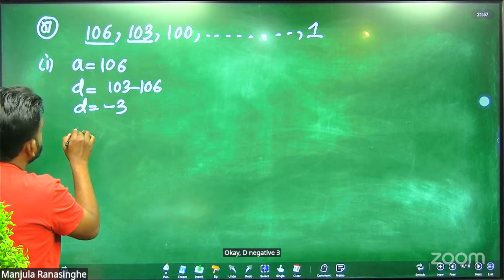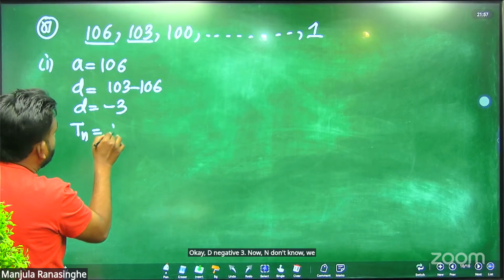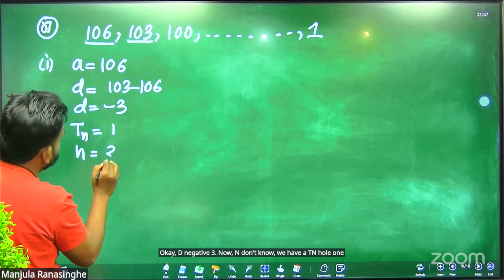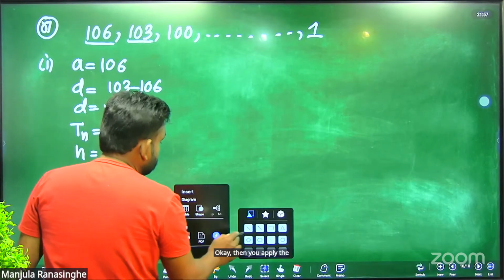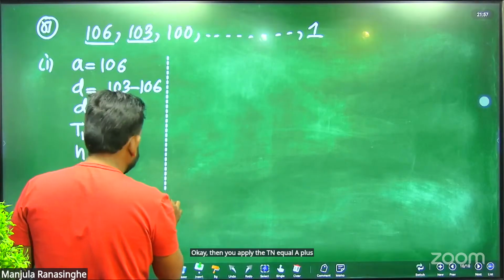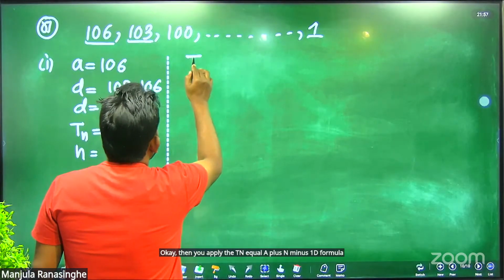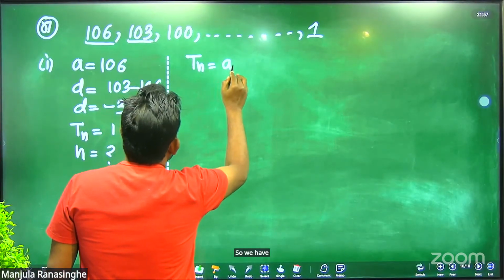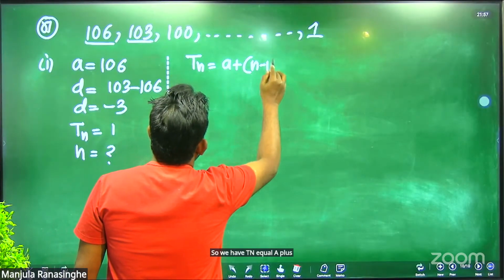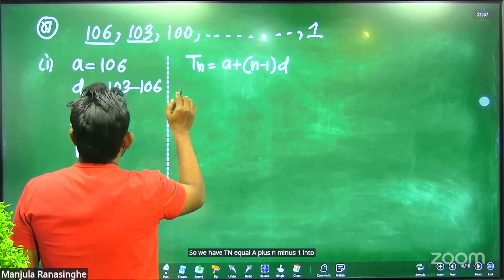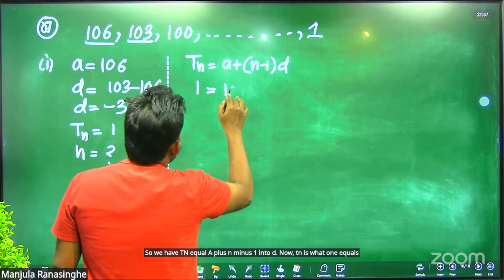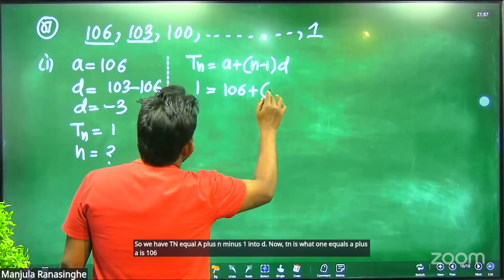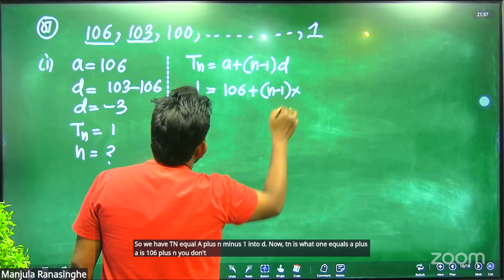Now n we don't know. We have Tn as 1. So n is asked. Okay, then you apply the formula Tn equals A plus n minus 1 into D. Now Tn is 1, equals A, which is 106, plus n, which you don't know, minus 1 into the difference.